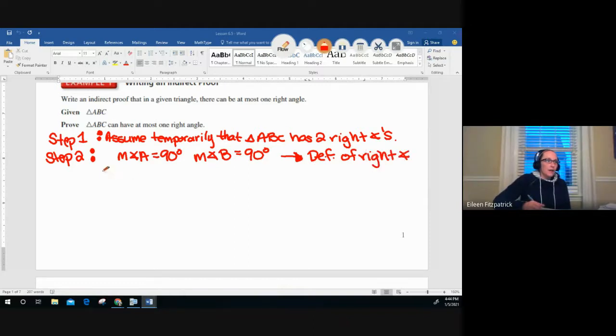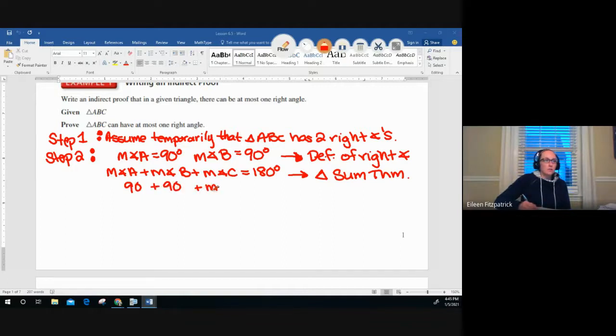Then from there, I know that the three angles of a triangle have to add up to 180 degrees. So the measure of angle A plus the measure of angle B plus the measure of angle C equals 180. And how do I know that? That's from the triangle sum theorem. Then I can use substitution. If angle A is 90 and B is 90, I can say 90 plus 90 plus the measure of angle C equals 180.